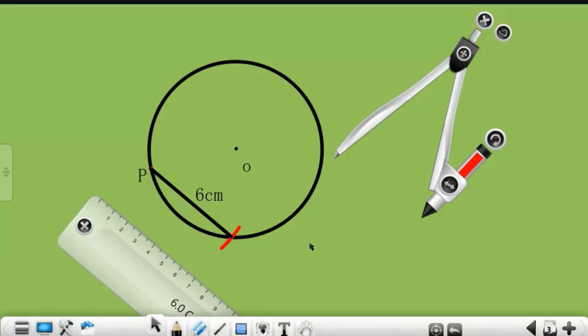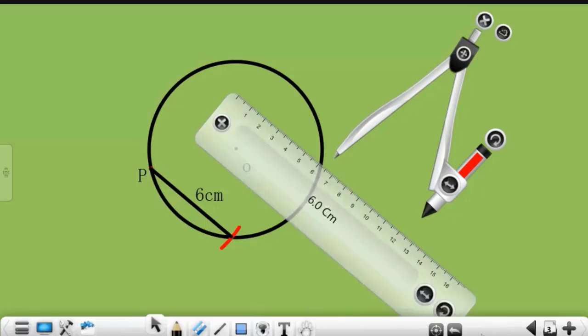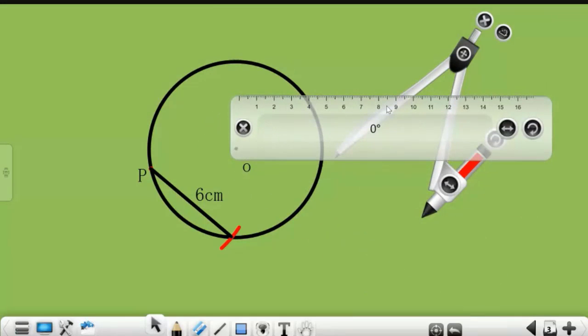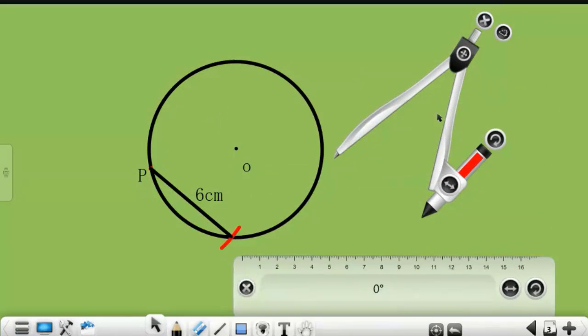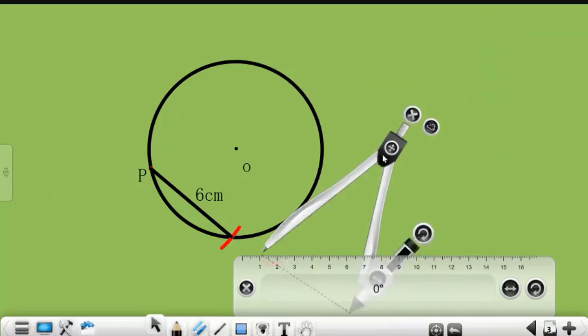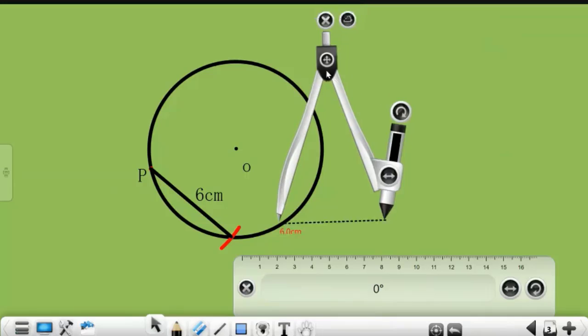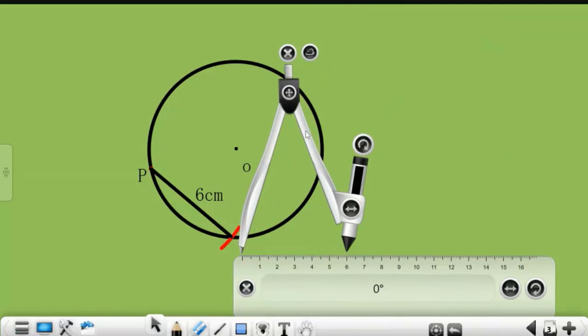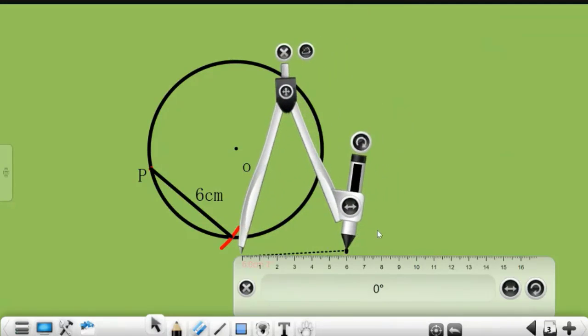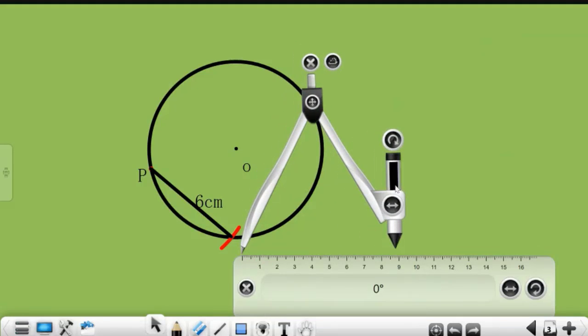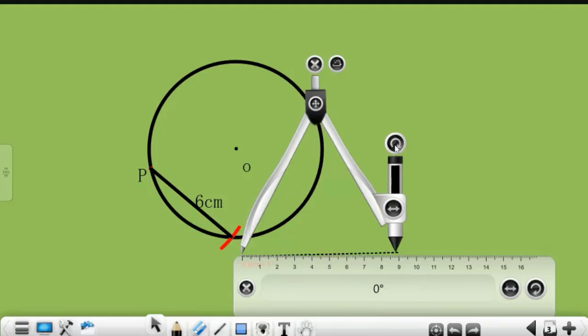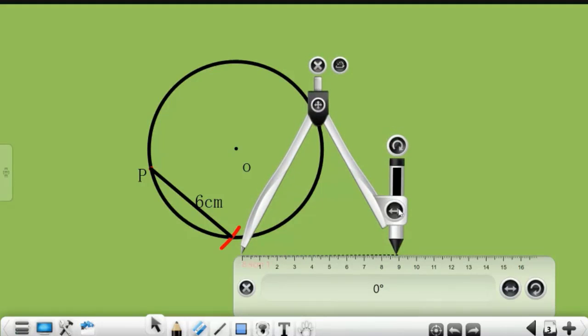If you want to draw another chord, now I want to construct another chord, for example 9 centimeter. Still the same thing. You have to measure using your compass, put on the ruler, and open until you reach 9 centimeter. Not yet for me. Okay, 9 here, already 9.